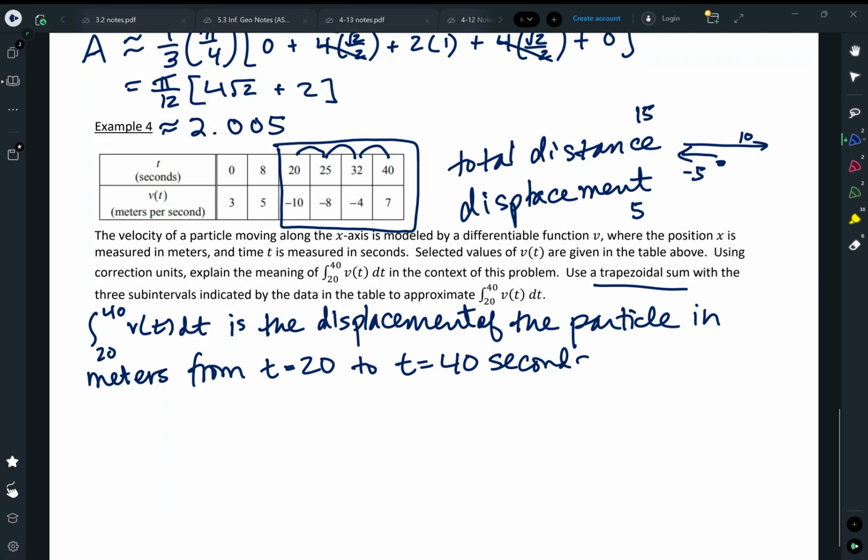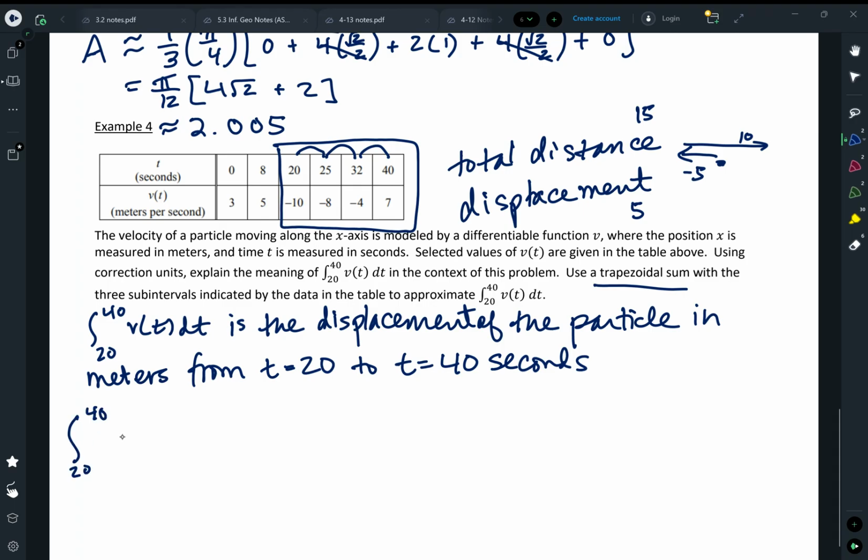We could also say on the interval, but because I wanted to give units, it just feels a little bit clunky to say the interval and then have the 20 comma 40 and then say seconds afterwards. Okay, so now I want to actually approximate this using a trapezoidal rule.